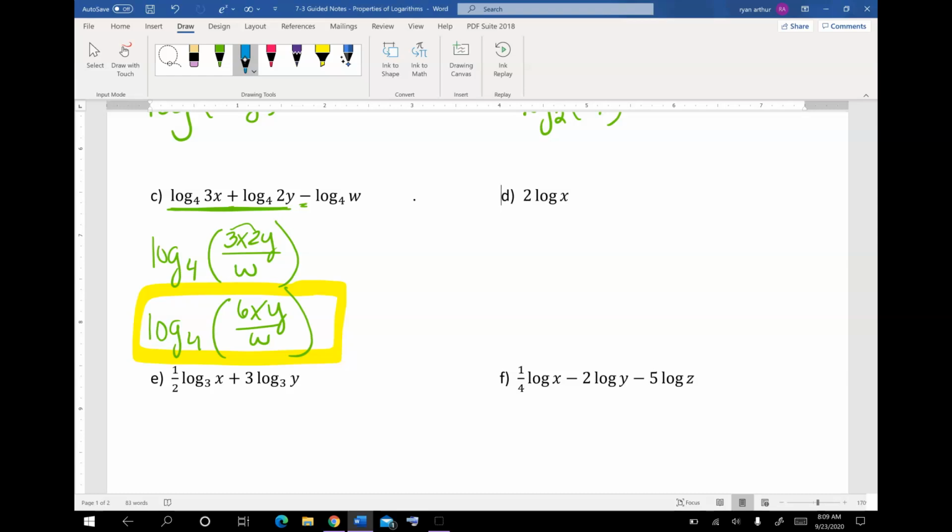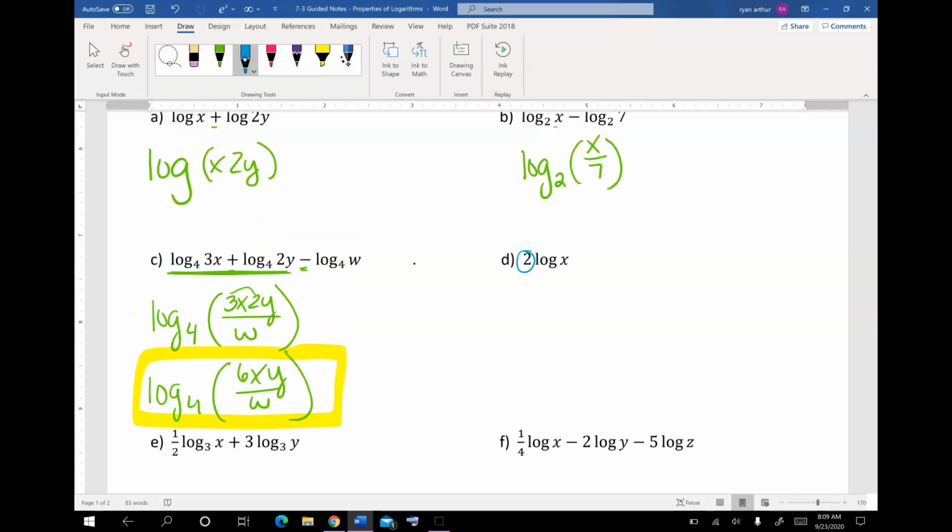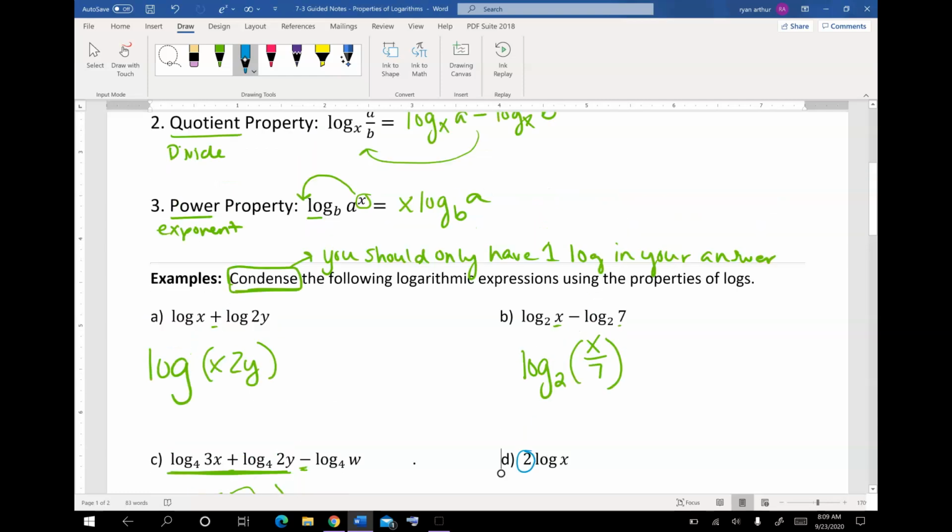The next one's not, I guess you can call it condensing. It's just I want you to play around with a property, to make sure you know what it's talking about. Because when you solve logs, you can't have anything in front of the log. So this is a property that helps you when you solve. So anytime you have something in front of your log, you have to use the power rule, and you have to move it back as an exponent.